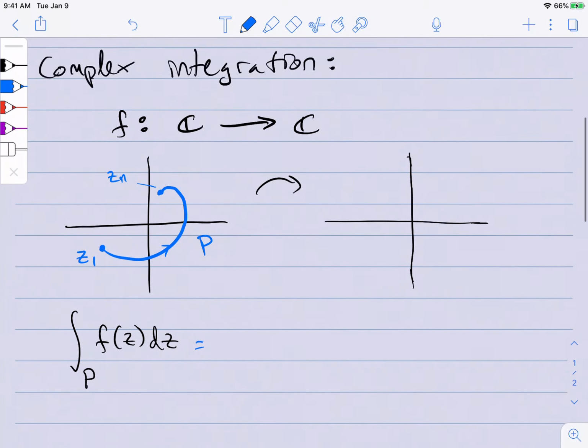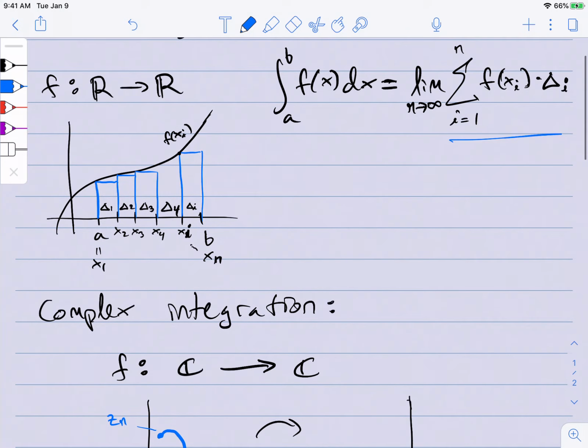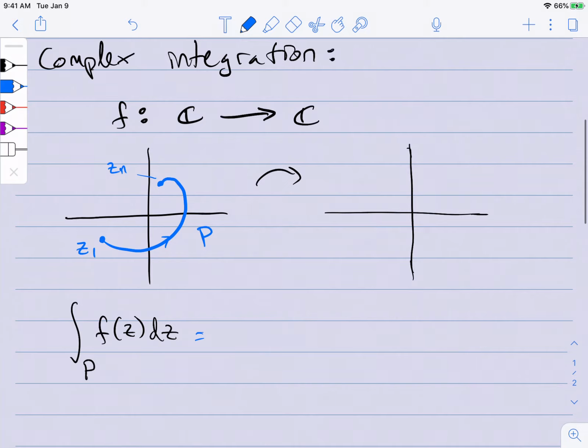Okay. So we're going to work by analogy with this Riemann sum here. So we're going to break our path into pieces. And so I've got a z2, z3, zi.